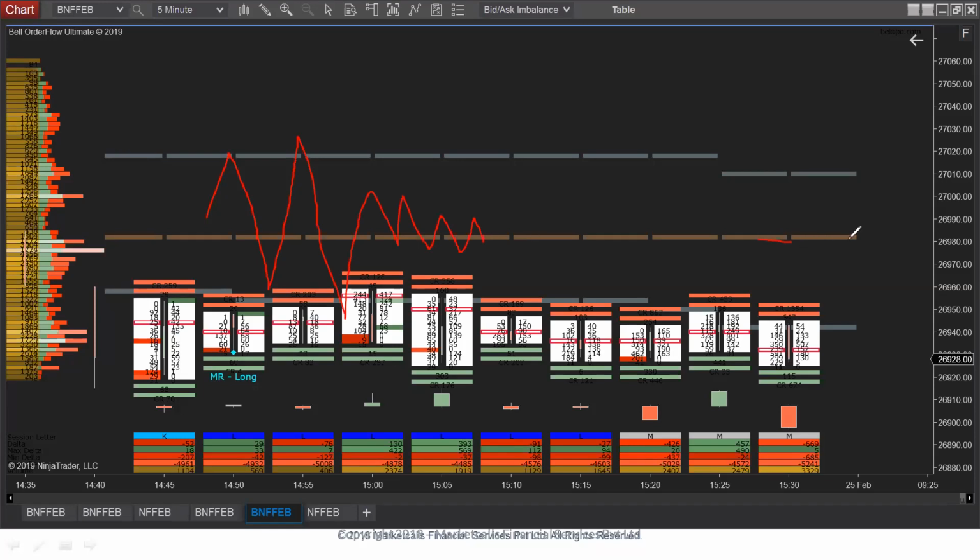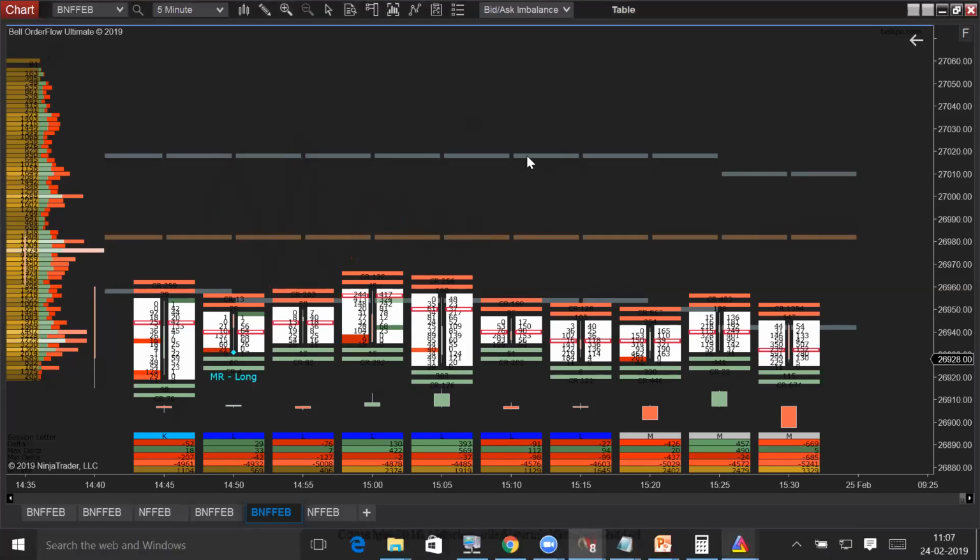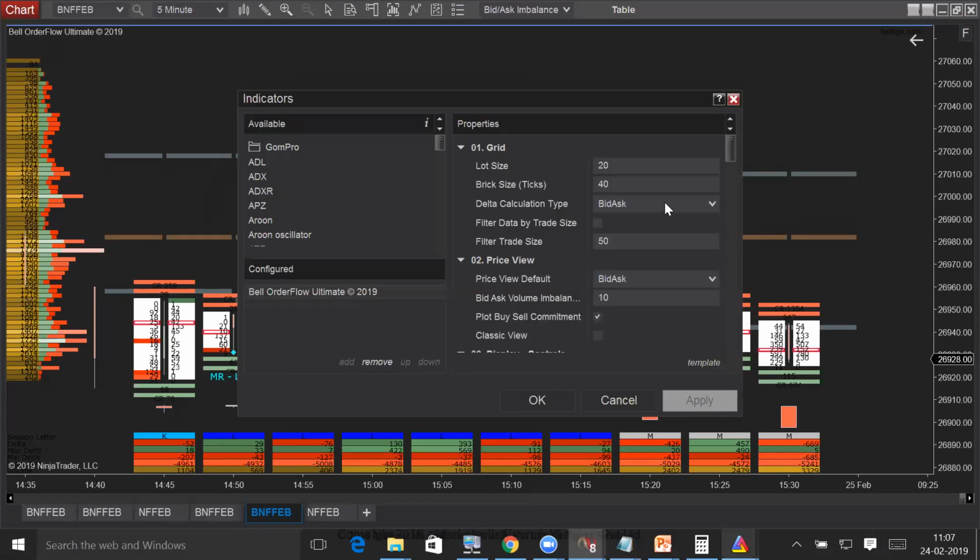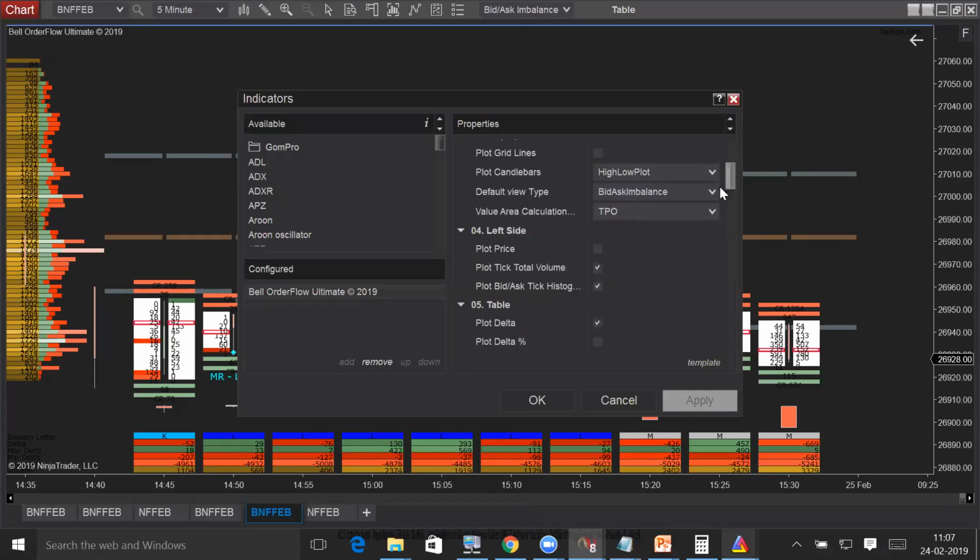That level can be plotted if you try to plot it in the form of a TPO. That is more related to market profile again. Once you understand market profile, you understand how the line looks. Anyways, we prefer VWAP while using it, and VWAP is an average volume, right?